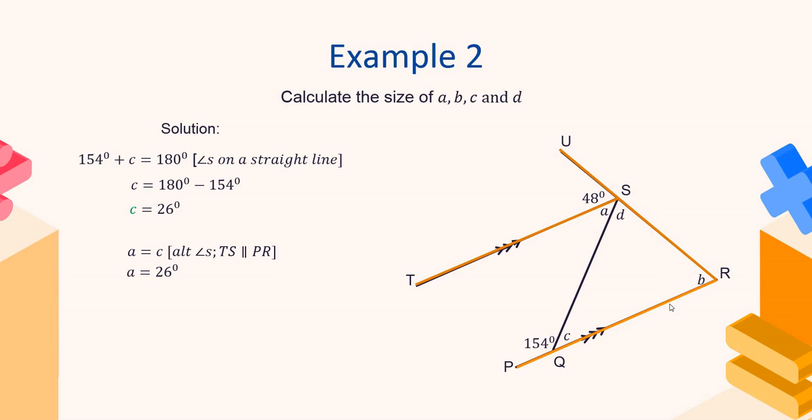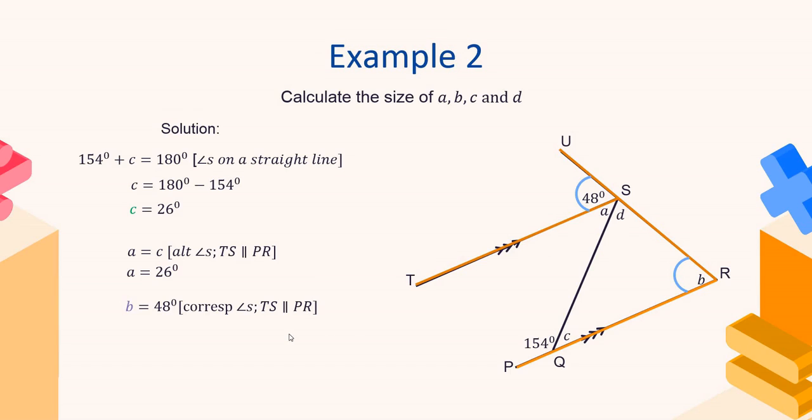And we know that corresponding angles make an F shape. And what does this mean? In this case, it means B is equal to 48 degrees. So let's write that down. B is equal to 48 degrees, and our reason is corresponding angles. Again, I wrote this as a short way, and the reason is TS is parallel to PR. Now that we have that, we are left with D.